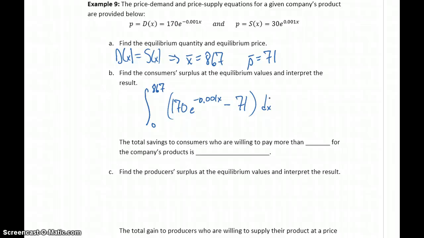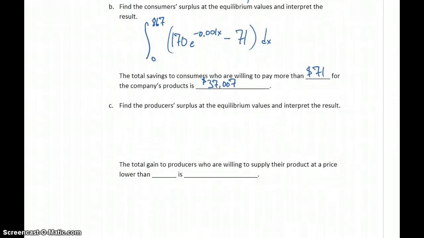So we could go back to Wolfram Alpha, evaluate that integral, and what you should be able to come up with is the total savings to consumers who are willing to pay more than $71, that equilibrium price, for the company's product is $37,007. And that number we would get just from evaluating that integral and rounding to the nearest dollar.